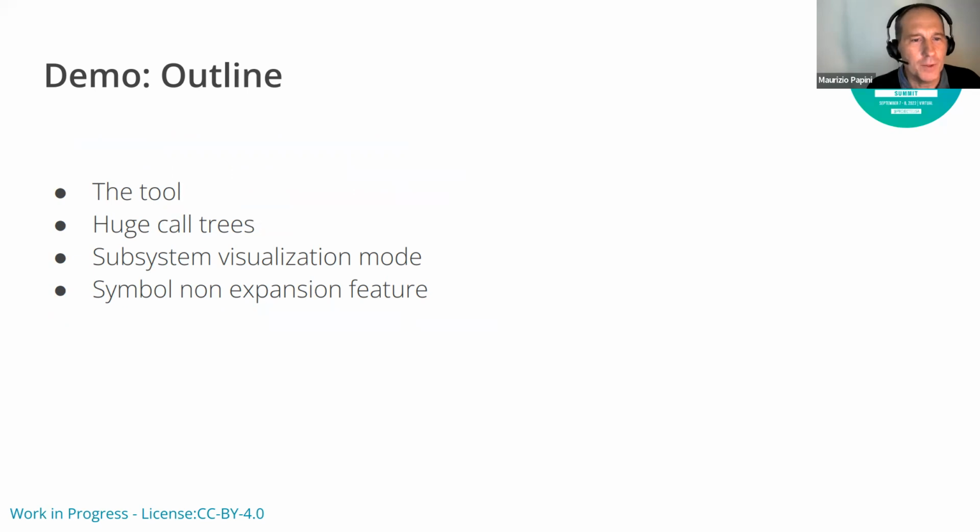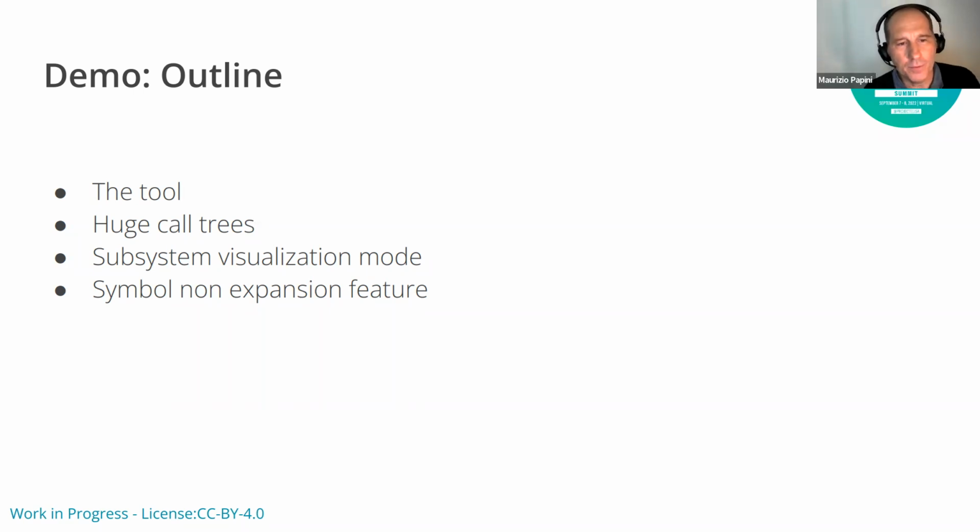So here you can see the outline. At the first step, the first general example, we will show you the collector tool in action. Then we are going through a few usage examples of the navigator tool, the tool that builds the graphical view of the results. We are going to show you a call tree, a very huge call tree example, easily extracted from the kernel, showing dependency at functional level.